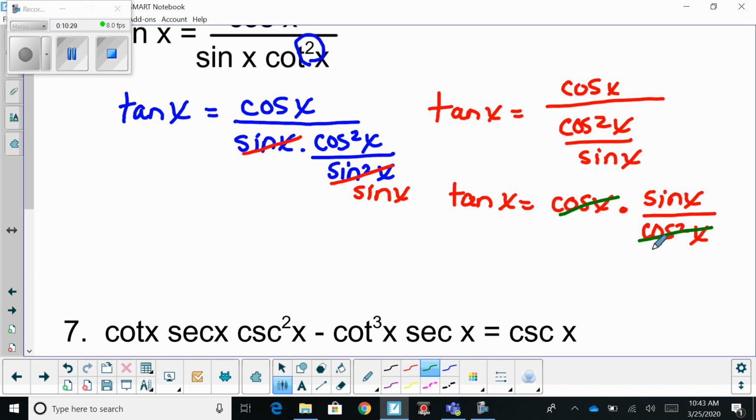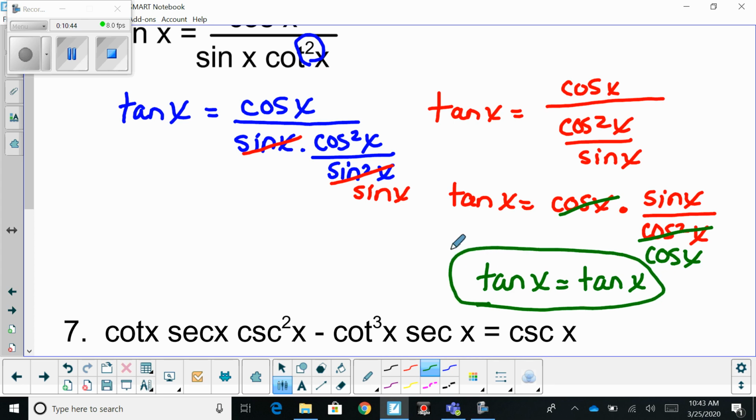Here we can reduce. Tangent is sine over cosine. So now I have the tangent of x is equal to the tangent of x. I have verified that the right side and the left side are identical to each other.